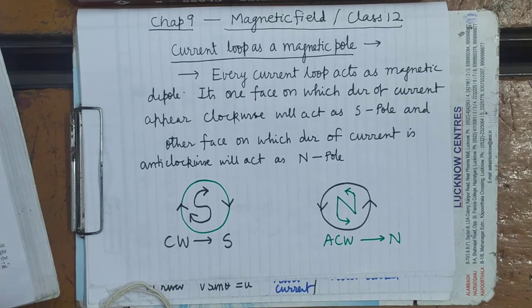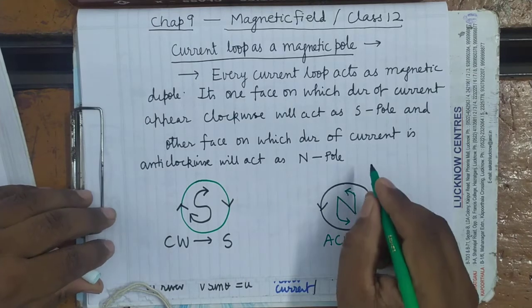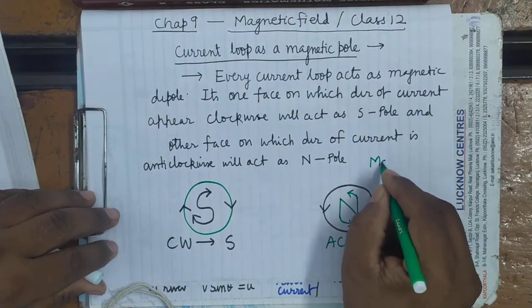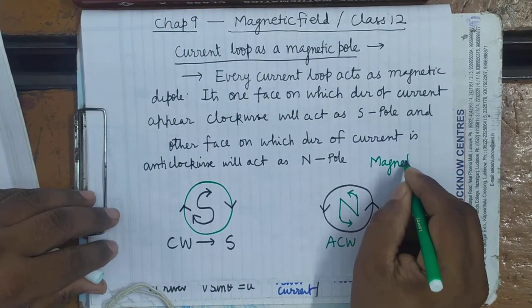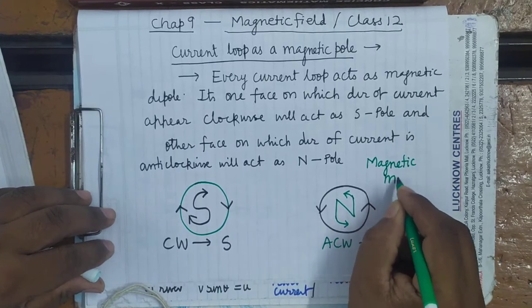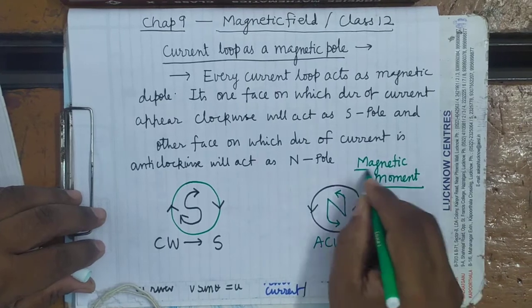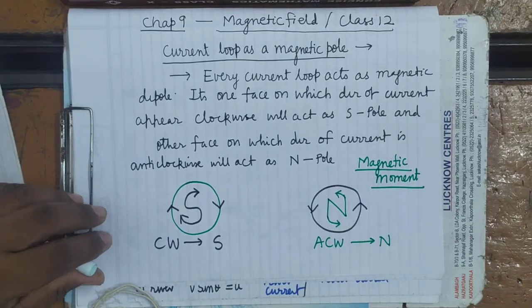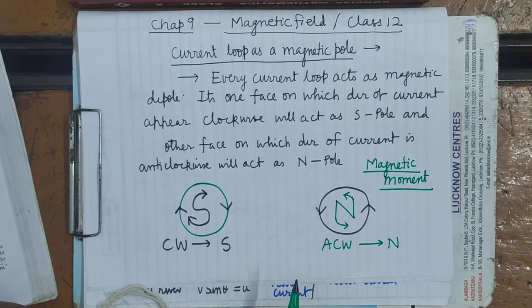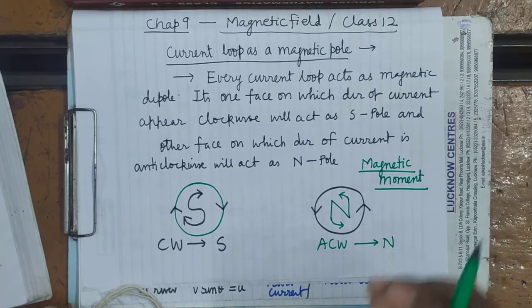Now see here. As we know, every dipole has a magnetic moment. Magnetic moment is a physical quantity which represents the power of the dipole, means how much stronger a magnetic field can be produced by it.